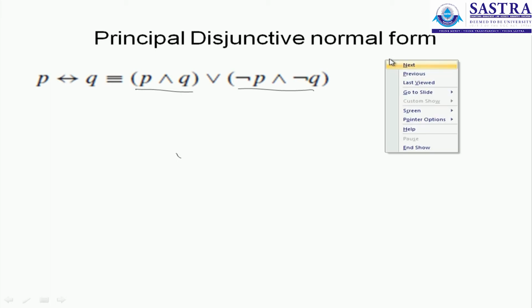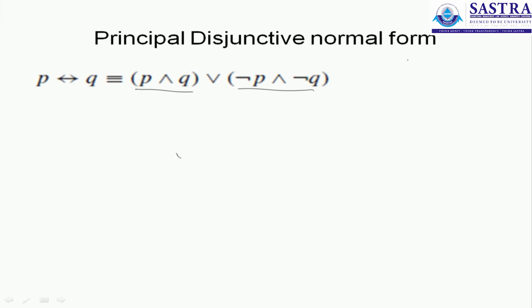Recall that a biconditional will have its truth table like this: TF, FT, TT, FF. If these are P and Qs, then a biconditional will be like this. It takes up a true value only when both are true together.